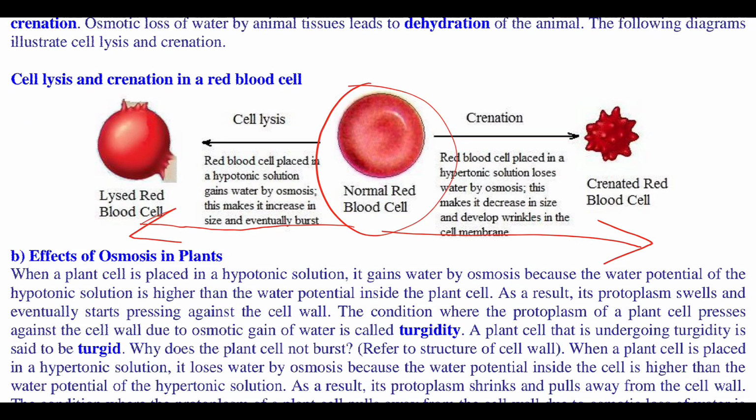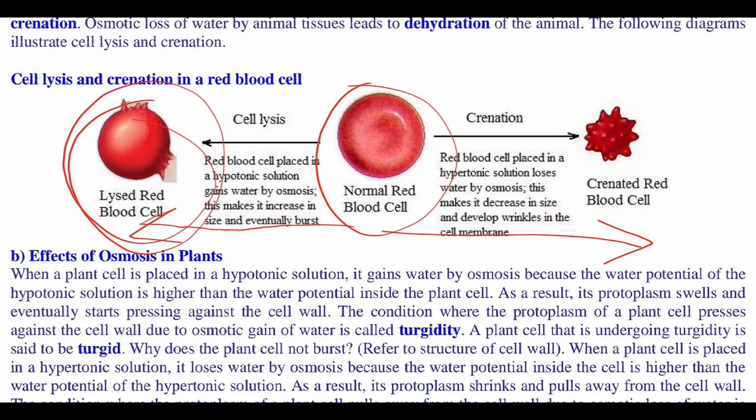So, therefore, it is not advisable to take a lot of water, because there will be what? Cell lysis, which is a problem to the body. There are a lot of people who say drink a lot of water, water is important. Yes, water is important, but anything in excess is bad.